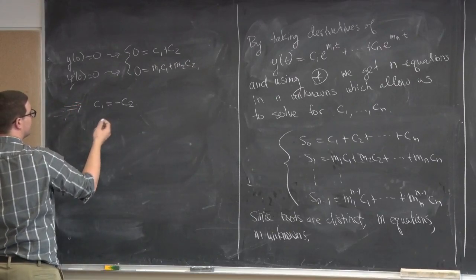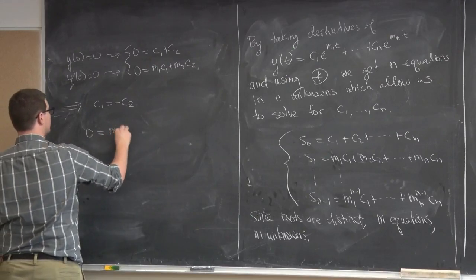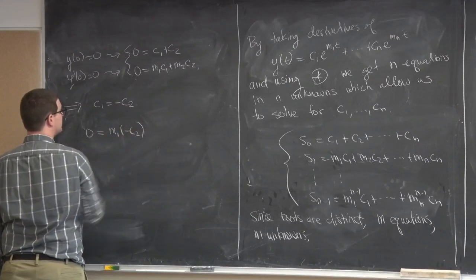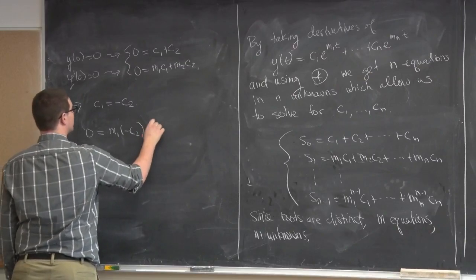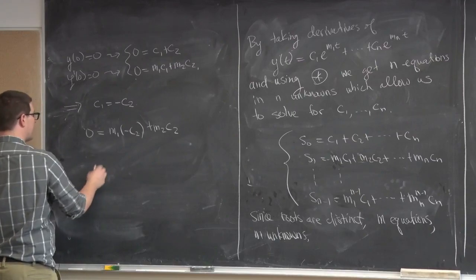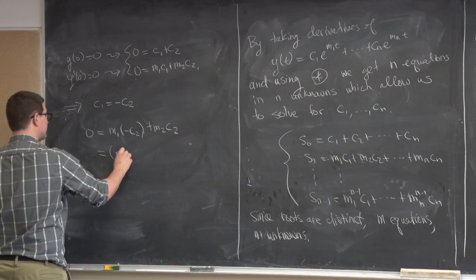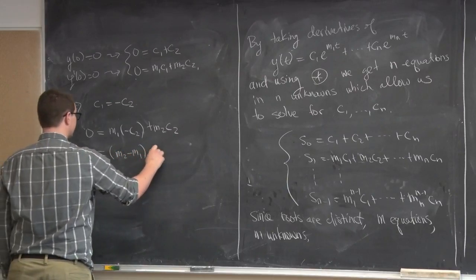Okay, and now we can plug this in. So 0 is equal to m1 minus c2 plus m2 c2. Okay, and so this is equal to m1, let's say m2 minus m1 c2.